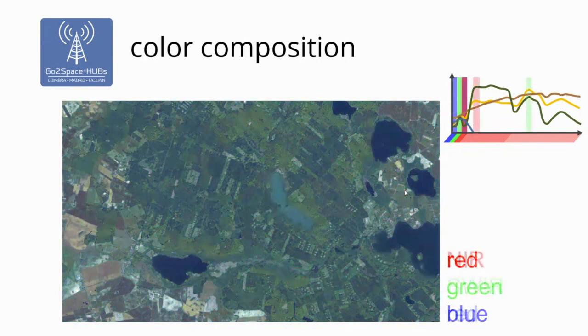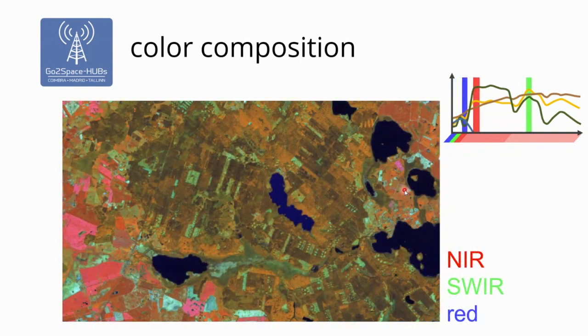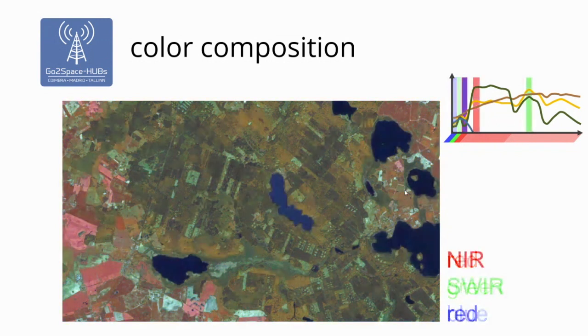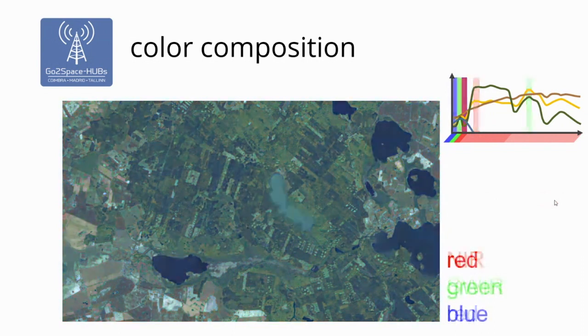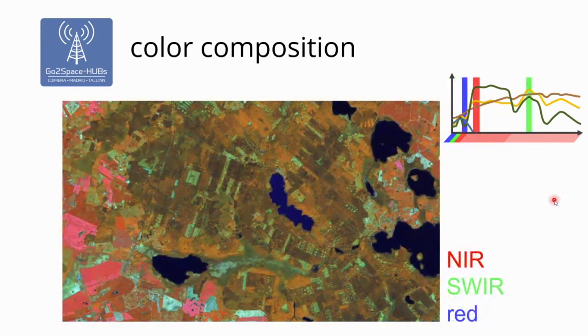So we can see that the amount of different colors here is much bigger than here. And actually every color on this image means different properties, different features, different condition of the object.